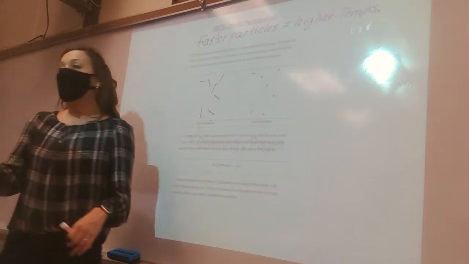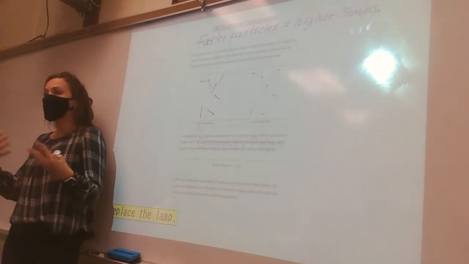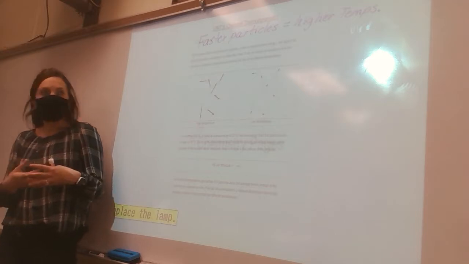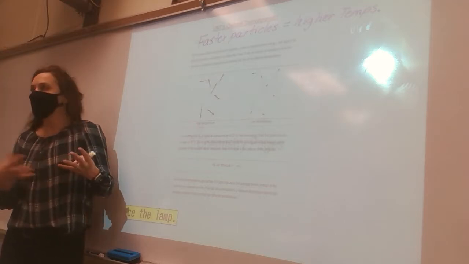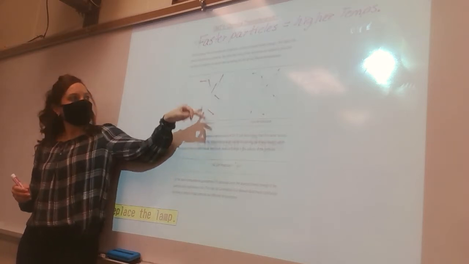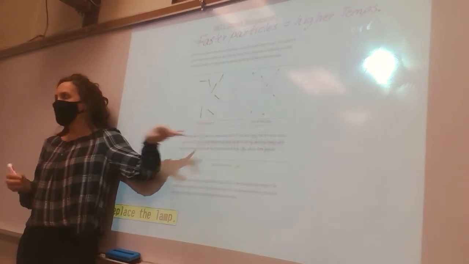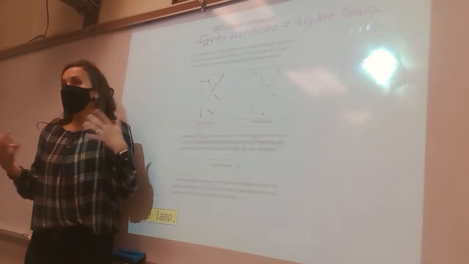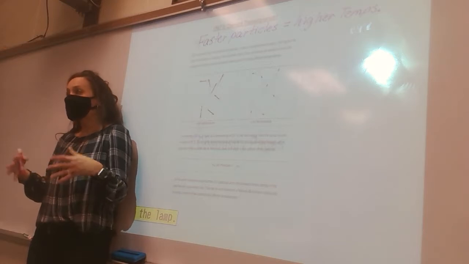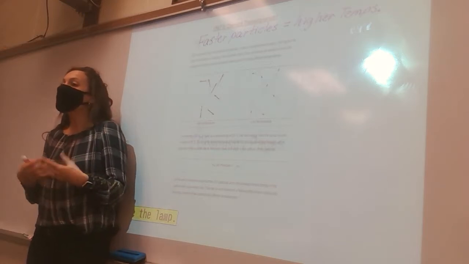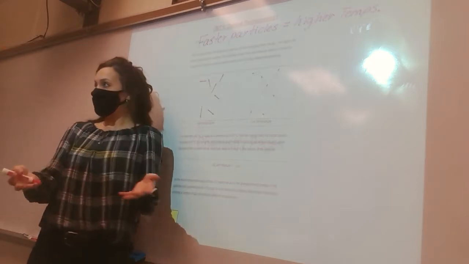And more kinetic energy means more heat. And more heat means a higher temperature. So higher temperature particles are moving faster. That's the big bold arrows, longer arrows. Low temperature particles are moving slower. And this all relates to kinetic energy. And then we define this as heat.